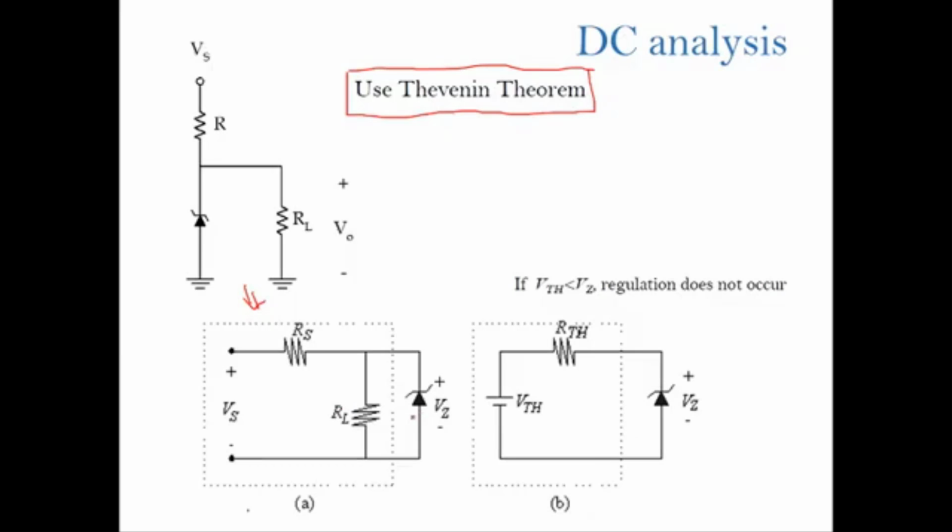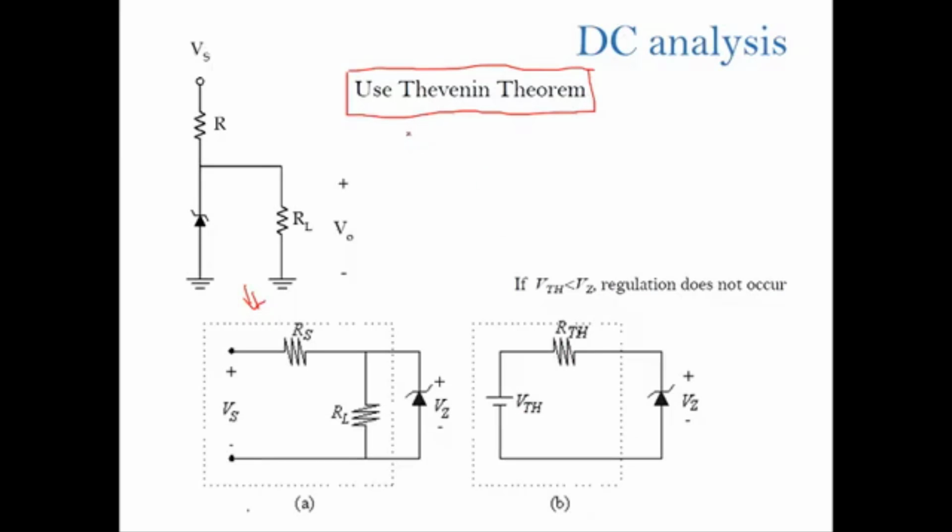It is no different whether the Zener is at the left or at the right, as long as it maintains the parallel connection. So the part labeled by this dashed line can be simplified using the Thevenin theorem. After that, you will have only one DC source and one resistor, VTH and RTH.